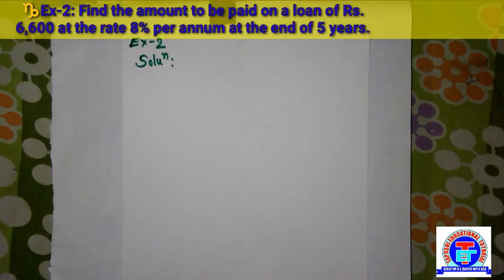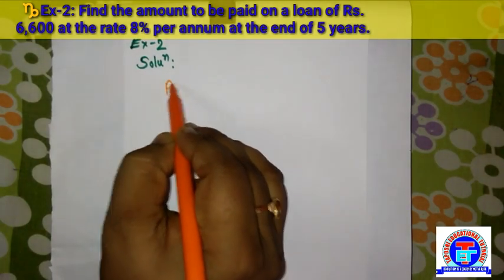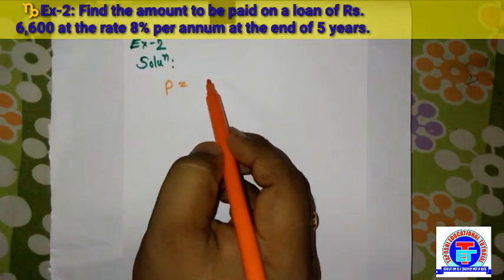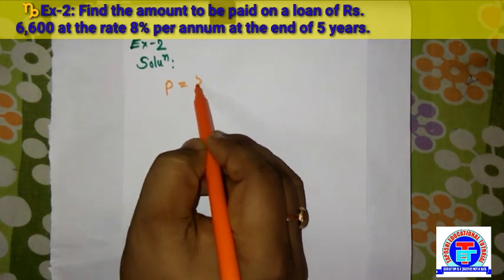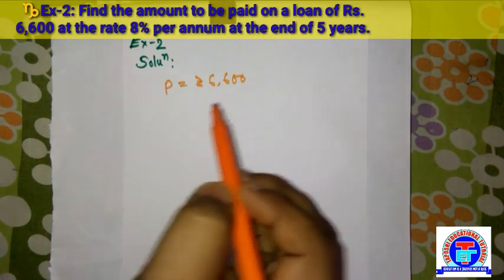Find the amount to be paid on a loan of rupees 6,600 at the rate of 8% per annum at the end of 5 years. Right student? Now the solution regarding this problem, here we write principal P is equal to 6,600 rupees. These are given.